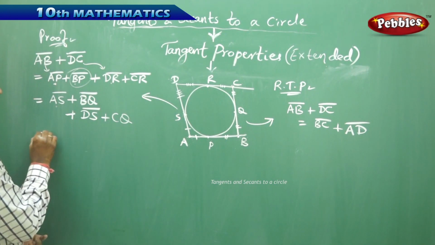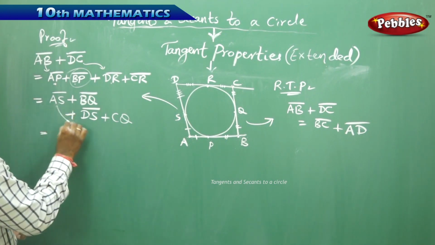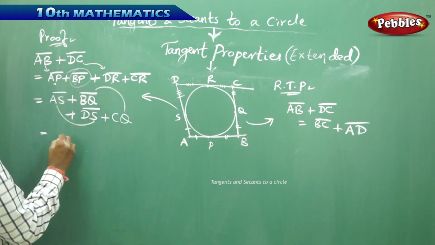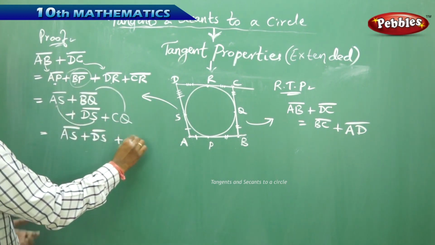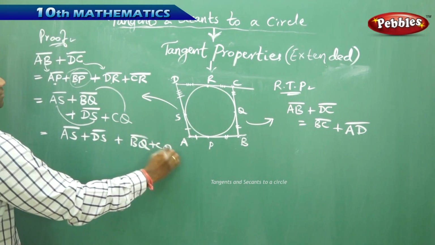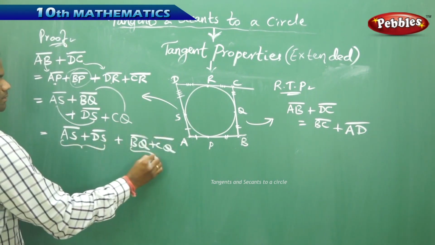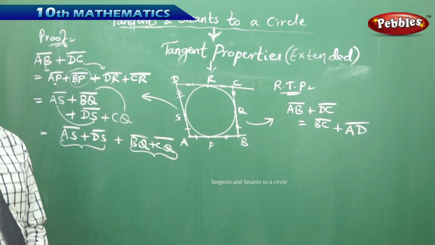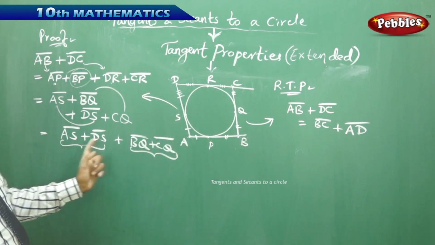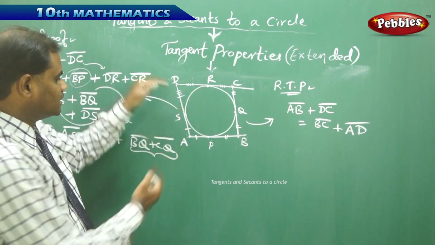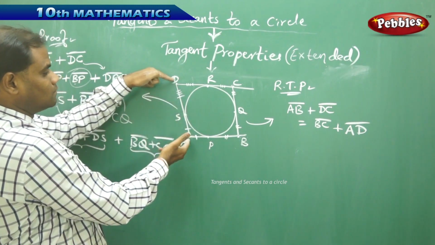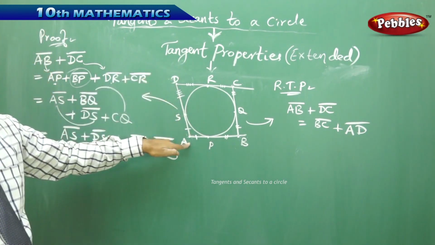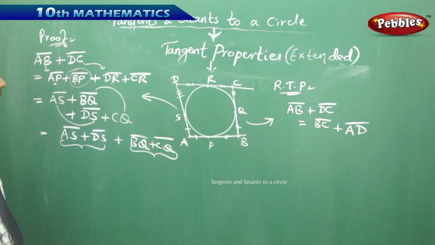Now next, I compare this and this and this and this. Pairing them alternately, I get AS plus DS plus BQ plus CQ. As can be seen in the diagram, AS plus DS is clearly AD on the whole, because AS and DS add up to give the side AD of the original quadrilateral.